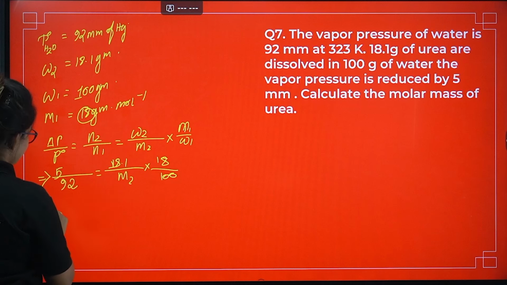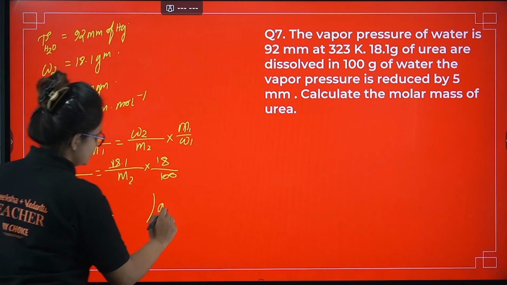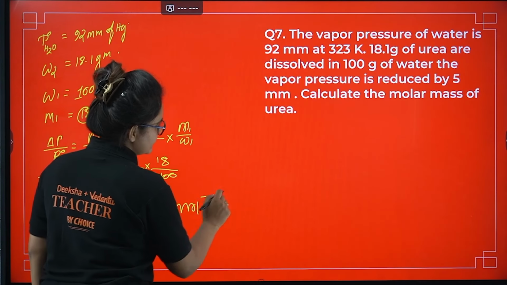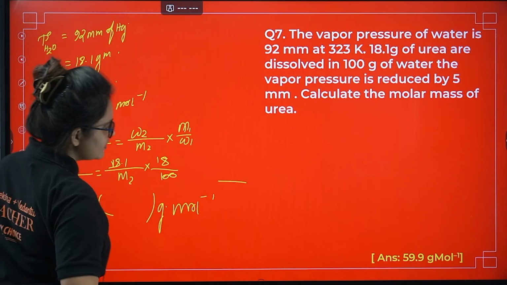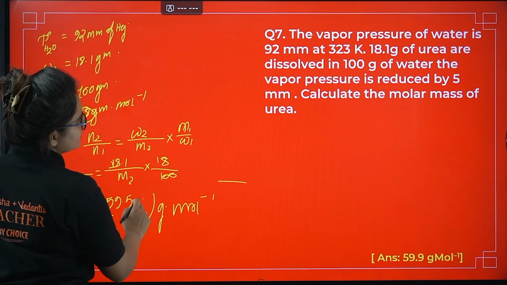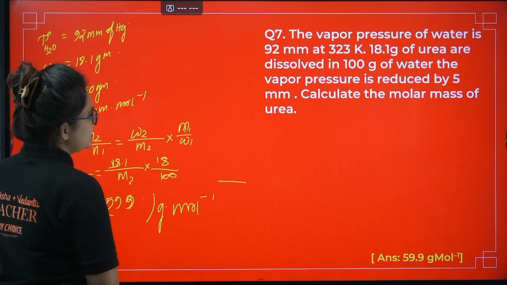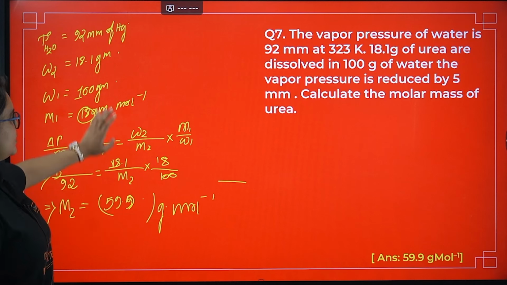So from here if you just calculate M2, you will get your answer. M2 will come up to be something in gram per mole. So here you can see the answer is basically 59.9. Anyway it's urea, it's given, we all know that it's nearby 60. I guess you understood this.